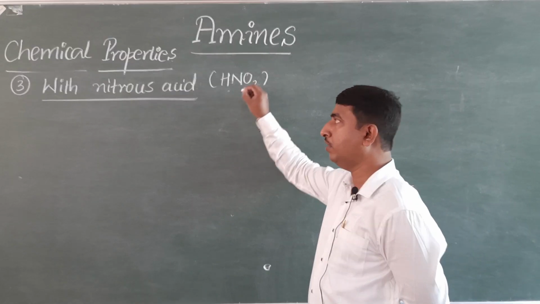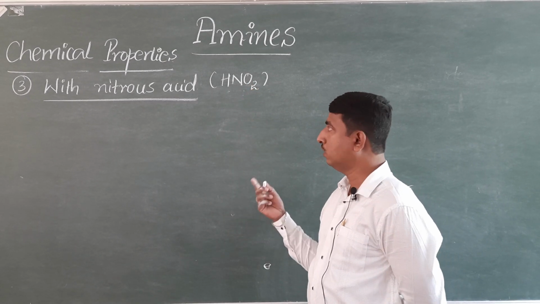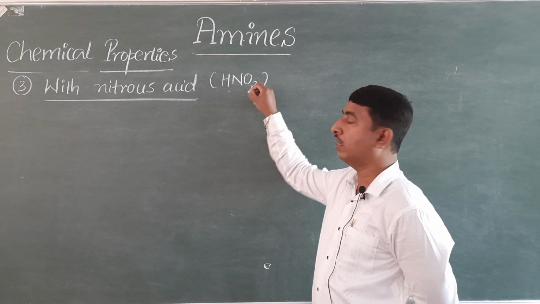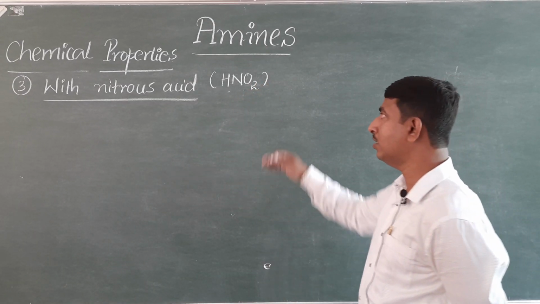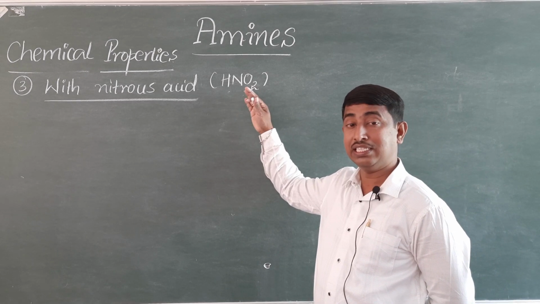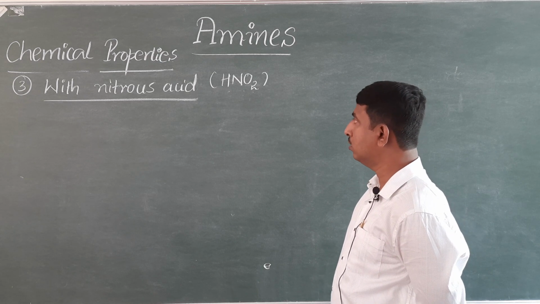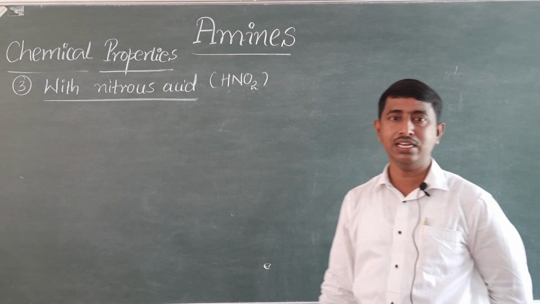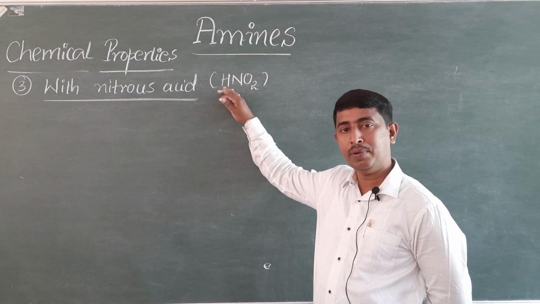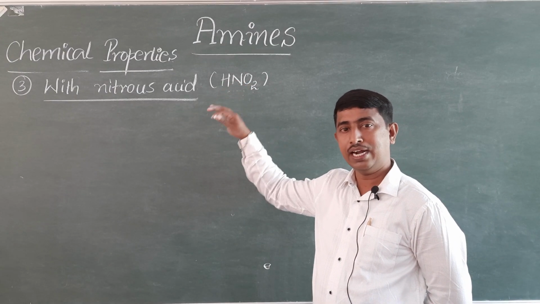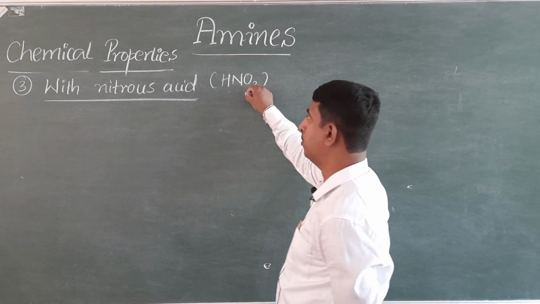Suppose we want nitrous acid for any chemical reaction, in that case we will prepare it at that moment. Since it is unstable, we can't store it in the lab. So if we want nitrous acid for any given chemical reaction, we have to prepare it at that particular moment. How is nitrous acid prepared?